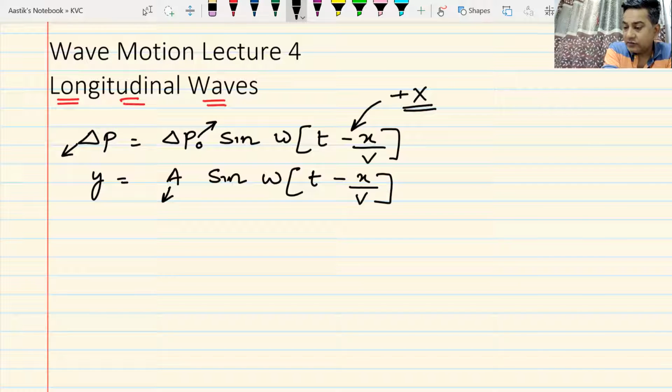So let us now move ahead and see the other aspects of sound waves. Basically, longitudinal waves. In longitudinal waves, the only thing that we are going to study is the sound wave, and that is the most important aspect over here.